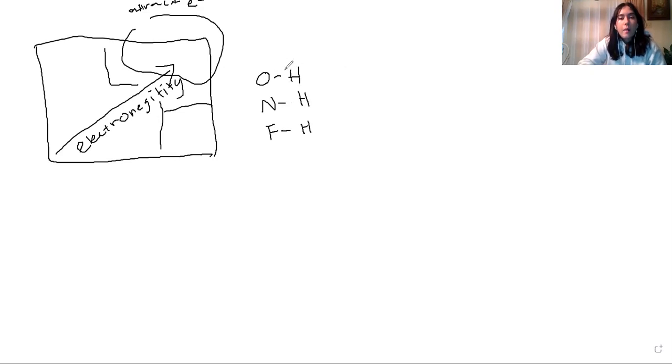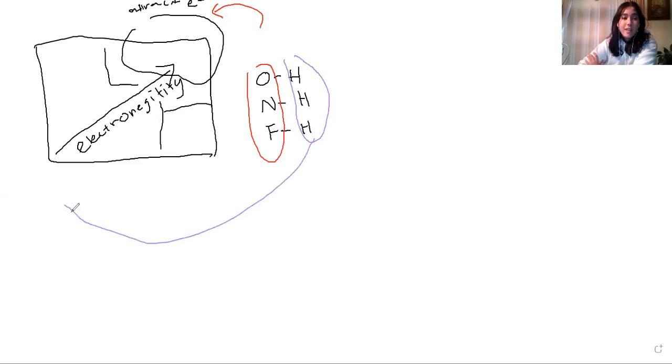But what happens between these bonds is that the elements here belong to this part of the periodic table, right? If you pull up a periodic table, they're in the upper right corner, while all these hydrogens are in the polar opposite. They're over here.